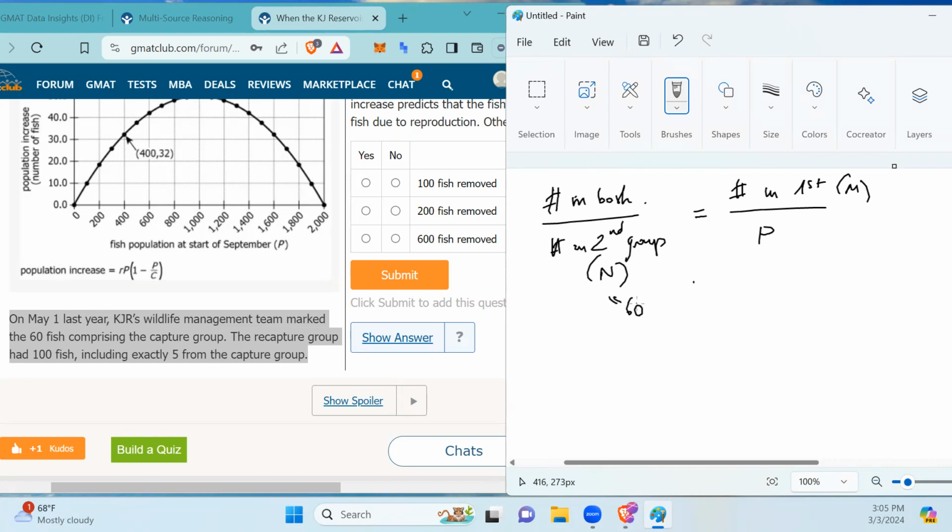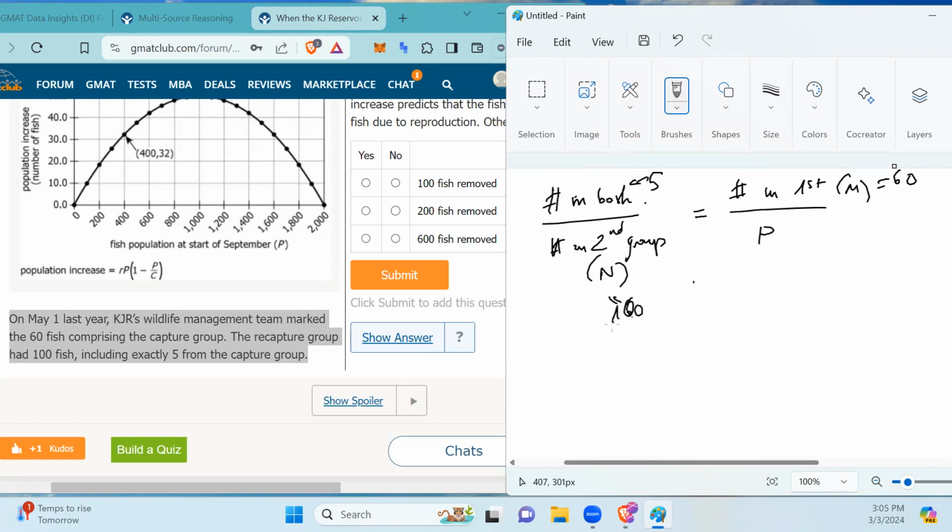Sorry, n or m, which one is equal to 60? Not n, m. The first group, m, is equal to 60. Oh, okay. Yeah, this is 60. And how many in both groups? 5. 5 in both groups. And how many in the second group?